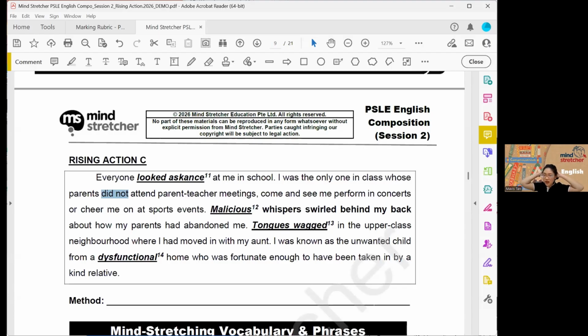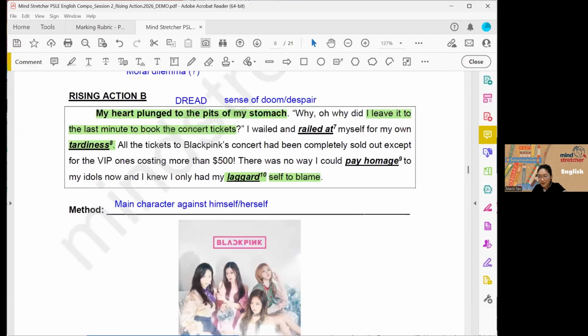This imagery. Because actually, whispers don't swirl, right? They're just sounds you hear. They just travel this way. But when you say malicious, sure. What does it mean by malicious remarks swirling behind your back?